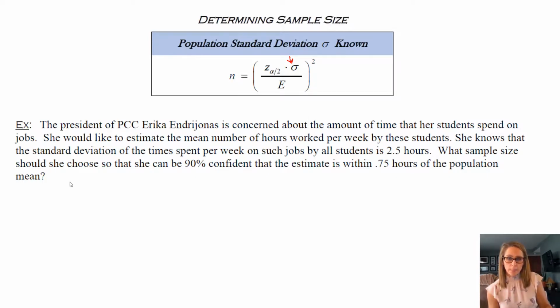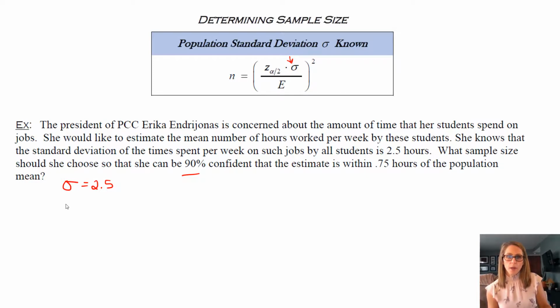So we'll take a look at an example. Notice this is all about the president of PCC wanting to know a mean amount of time that students are spending at their jobs per week. And we want to know how many people she should sample to find a good 90% confident estimate. We have a standard deviation of the times, that's 2.5.